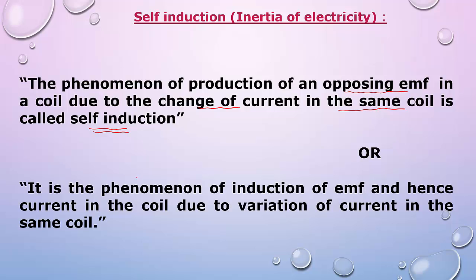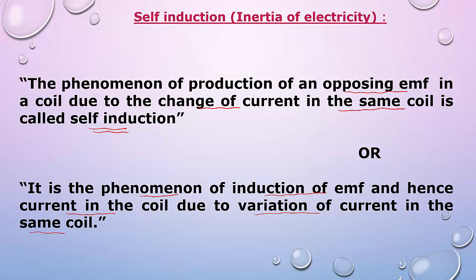Or we can also define it as the phenomenon of induction of EMF, and hence current, in the coil due to variation of current in the same coil. Yes, what is self-induction here? When a current in the coil changes, one more current is produced. Got it?